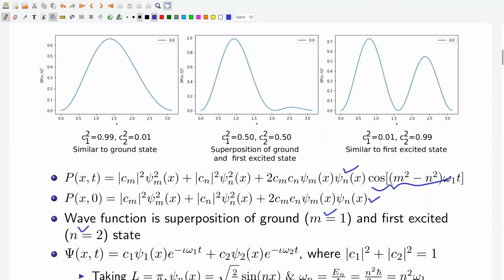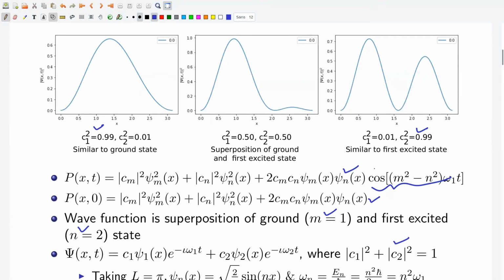Since C1 square plus C2 square is equal to 1, C1 square equal to 0.99 implies that psi(x,t) is very close to the ground state. On the other hand, C2 square equal to 0.99 implies that psi(x,t) is very close to the first excited state.